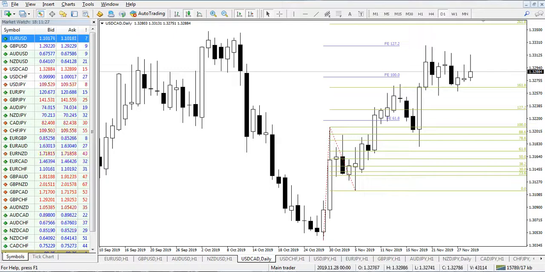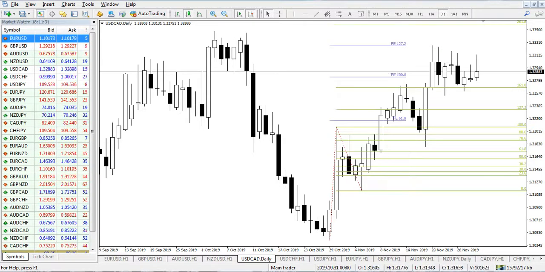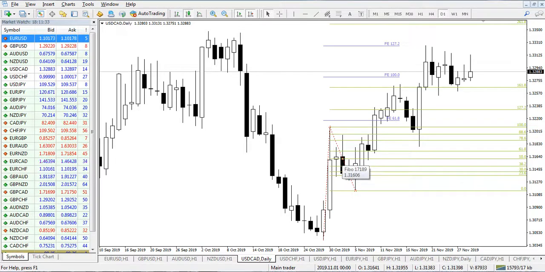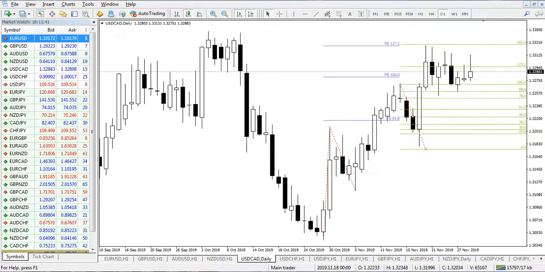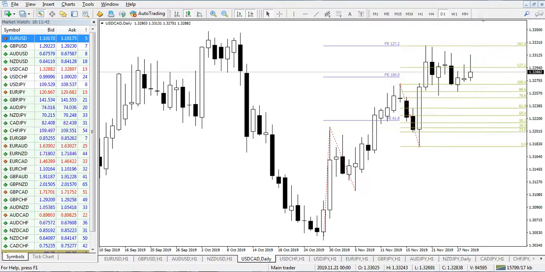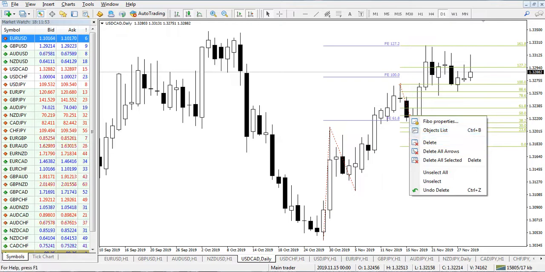So the second drive was 161.8% extension of its previous retracement. And if you look at this one, the final drive is also exactly 161.8% extension of its previous retracement, which makes it a perfect 3 drive.